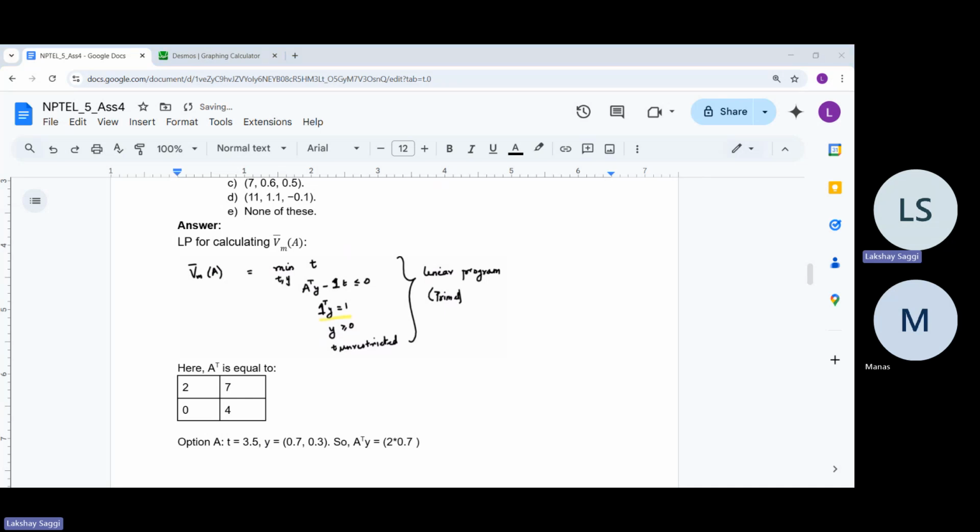Also Manas, if you have doubts at any point of time, feel free to stop me and ask in chat and I'll try to answer as best as possible. So the first entry of the vector will be 2 times 0.7 plus 7 times 0.3. And the second entry will be 0 times 0.7 plus 4 times 0.3.